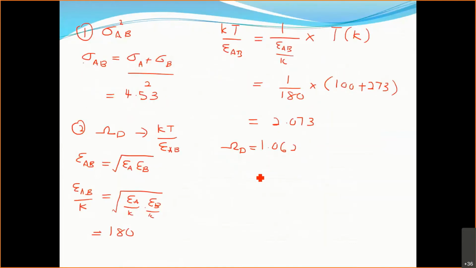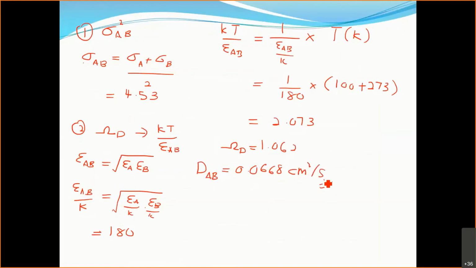So you can just substitute all the values into the equation and you should get the value of your DAB, which is around 0.0668, and the unit, as we mentioned, is cm squared per second.